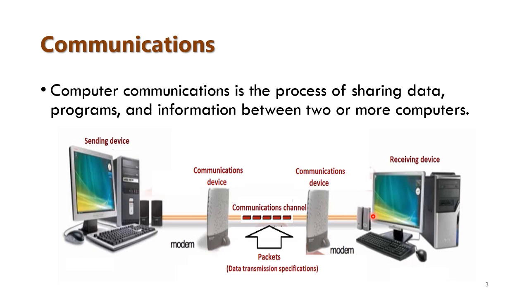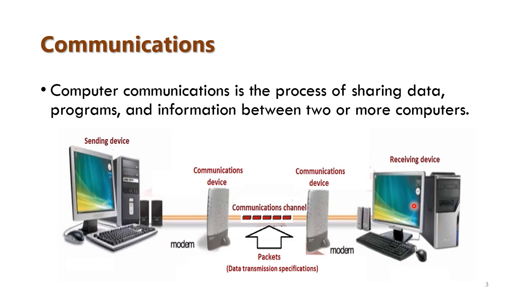So communication systems, as you can see in this picture, are electronic systems that transmit data from one location to another, whether wired or wireless. So every communication system should have four basic elements.